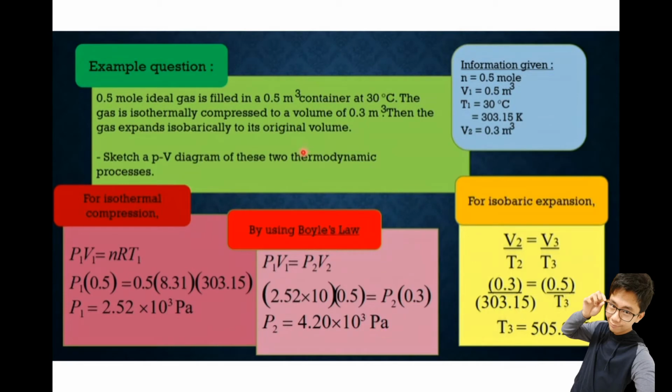Okay, so we go to the second process, which is isobaric expansion. For isobaric expansion, we can use Charles' law. V2 over T2 is equal to V3 over T3.